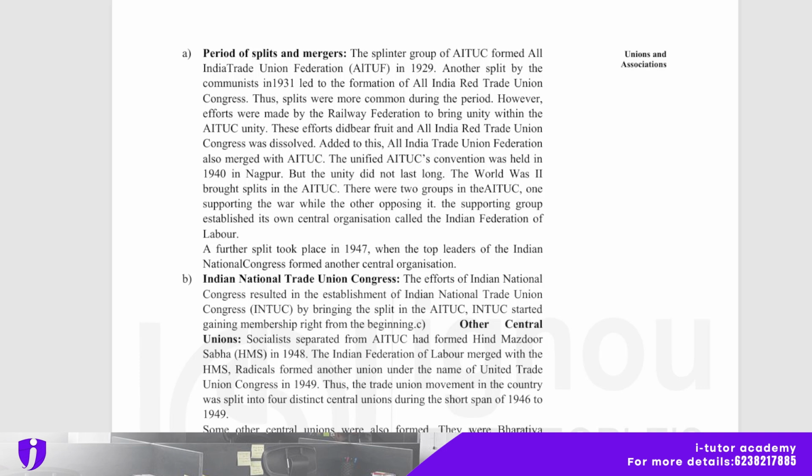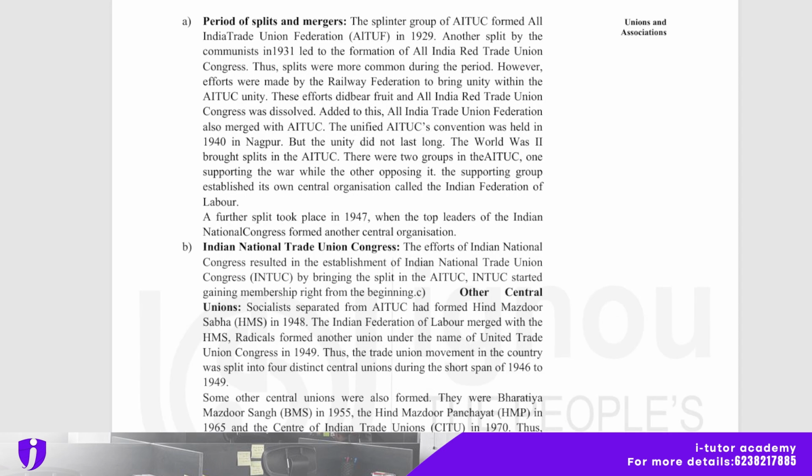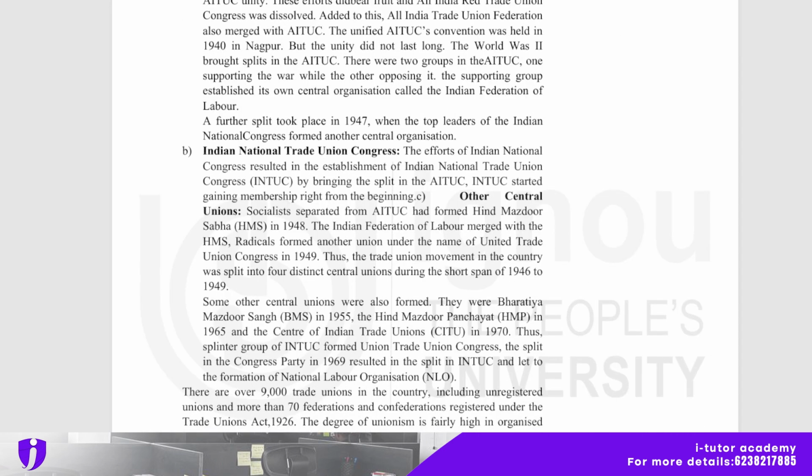The Indian Federation of Labour merged with the HMS, and radicals formed another union under the name of United Trade Union Congress in 1949. Thus, the trade union movement in the country was split into four distinct central unions during the short span of 1946 to 1949.